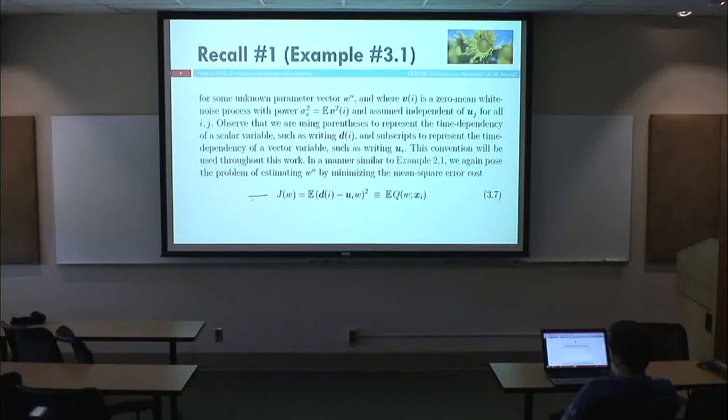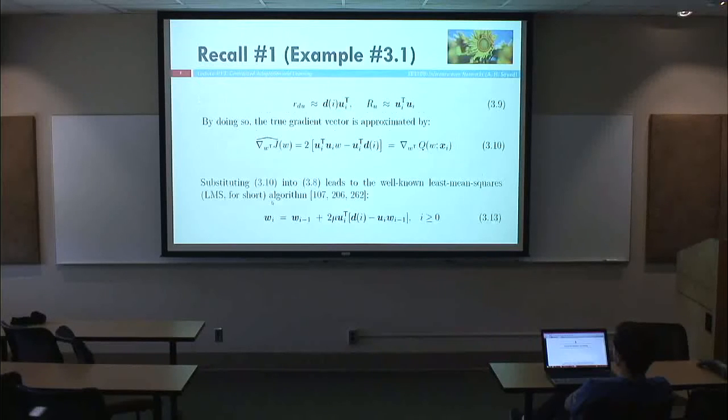This is the mean square error cost. If you find the omega that minimizes this cost, you get exactly the omega 0 that you are looking for. Because we don't know R_u and R_du, meaning we don't know the statistical distribution of the data to figure out what these moments are, we cannot use the traditional gradient descent algorithm. Instead, we use a stochastic gradient descent algorithm where you approximate the gradient vector by using this expression here.